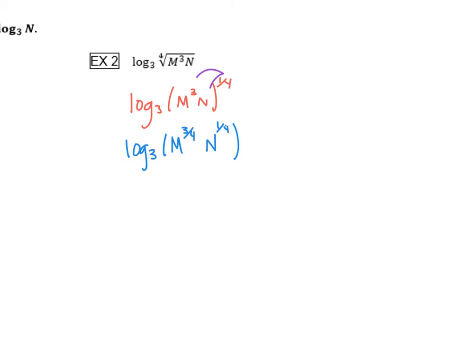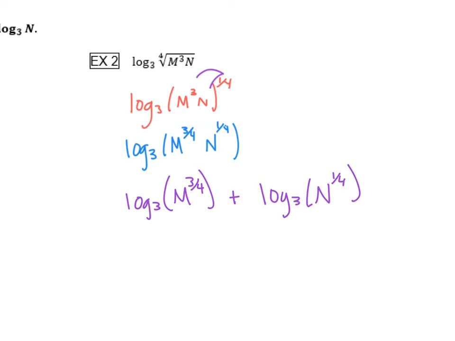Alright, so now we're taking the log of two variables that we're multiplying, so we will separate this out with addition. We're going to say log base 3 of m to the 3/4 plus log base 3 of n to the 1/4.